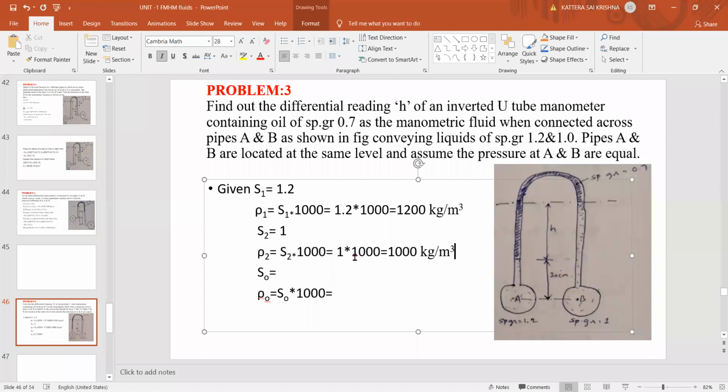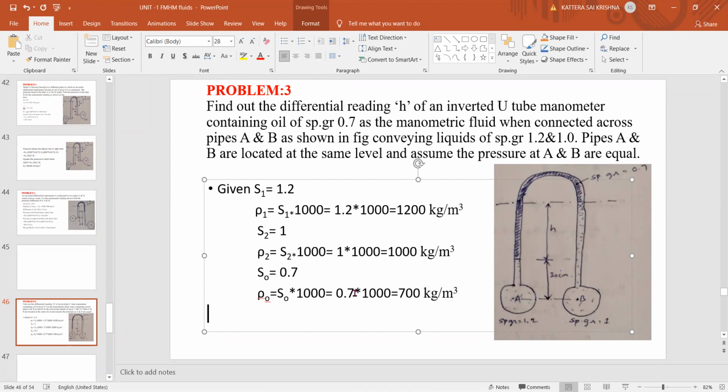So first find out the densities, both density 1 and density 2. Now the specific gravity of oil is given as 0.7, so the density of oil is 0.7 into 1000, which is 700 kg per meter cube. These are the things which are given.